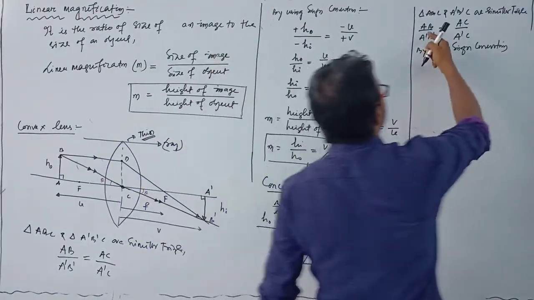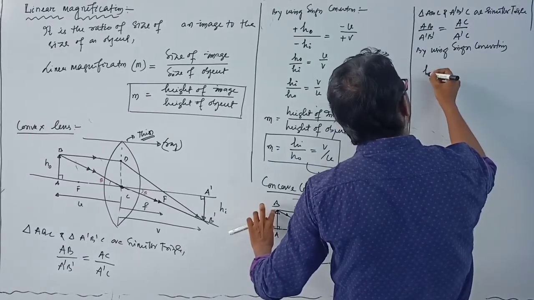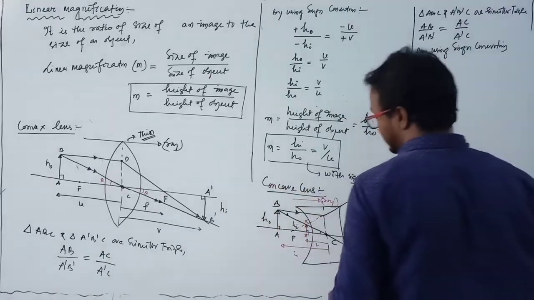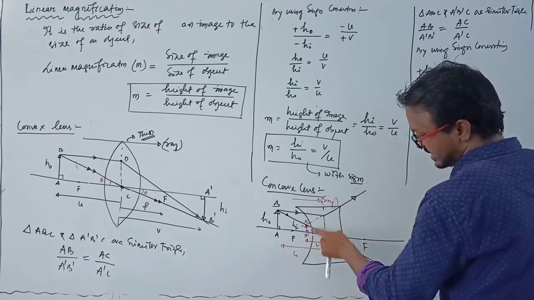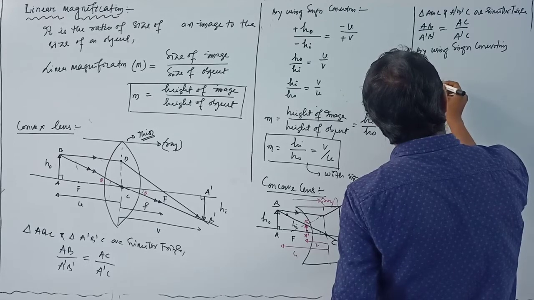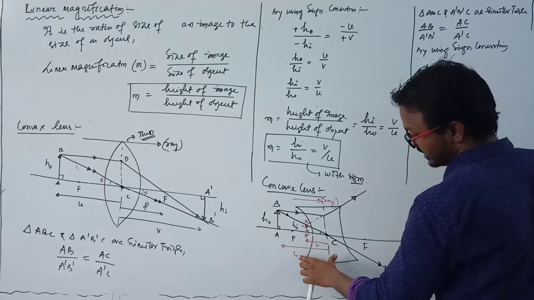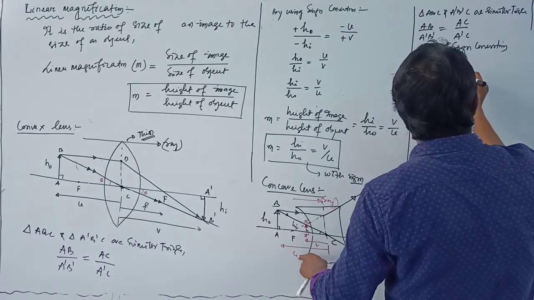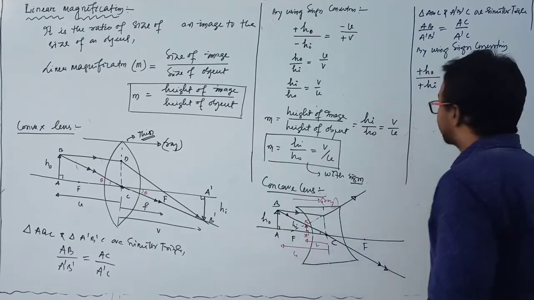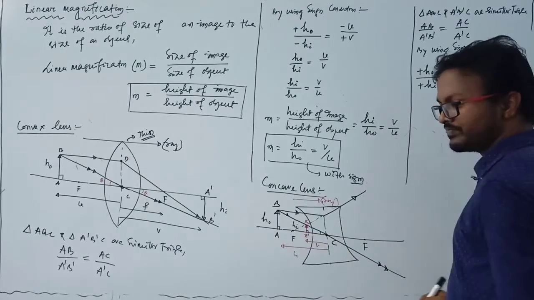AB, the height of object, that is h naught, is positive sign because this object is above the principal axis. Similarly, this is A dash B dash, height of image, and it is denoted by plus hi, equal to AC, this distance A to C, which is taken as u, and here we have to use negative sign because the distance is always measured opposite to the incident ray. So this is a negative sign, and again v also negative, which is opposite to incident ray.